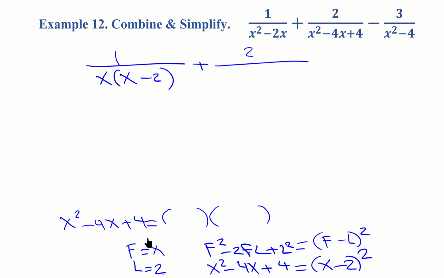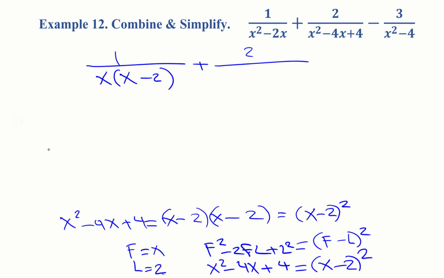You need 2 expressions here whose product is x squared, so x and x, and 2 expressions whose product is positive 4, so 2 and 2, but you want the inner product and the outer product to be negative 4, so we're going to make them both negative, and that's it. So you can see, once again, that's quantity x minus 2 squared.